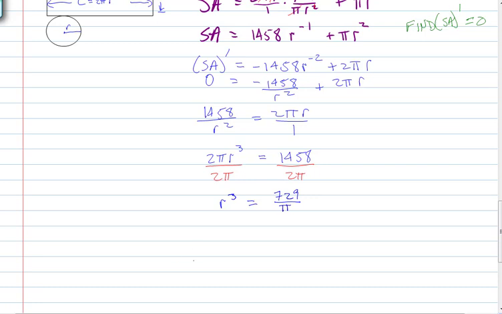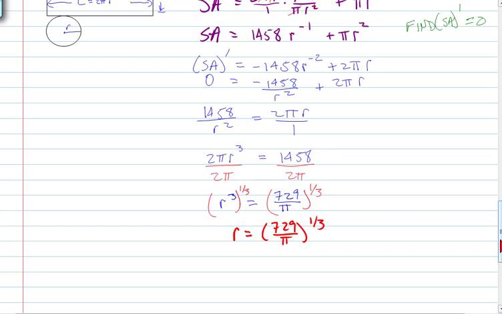How do I get the r by itself? Which is just raising this to the 1/3 power, right? So I get R, my final answer, is equal to 729 over pi raised to the 1/3 power.